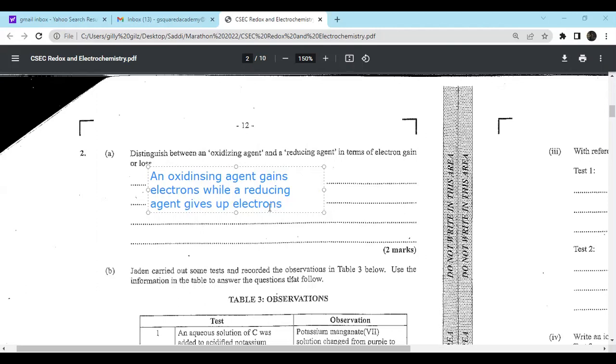Reducing agent gives up electrons. Oxidizing agent gains electrons while a reducing agent gives up electrons. That's what we're looking at. Okay, and that would be your 2 marks. You don't need to add anything else. All right.